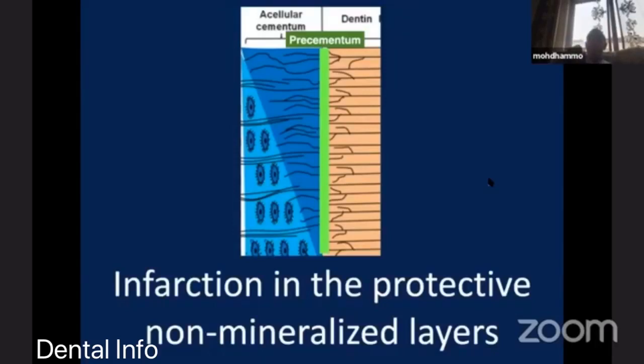Remember, we talked about two layers which protect the dentin, the predentin from inside and the precementum from the outside. So if anything happens to the precementum, like injury or infection, this protective layer, which is non-mineralized, will be damaged.